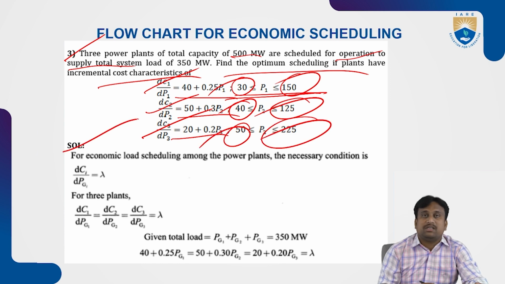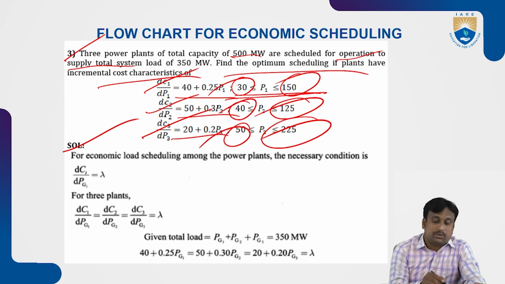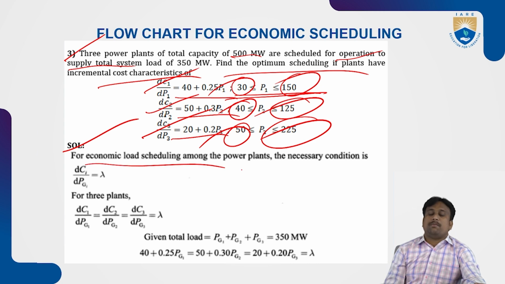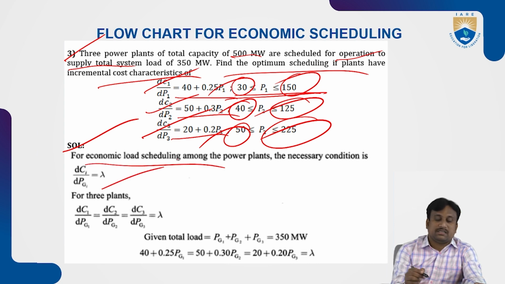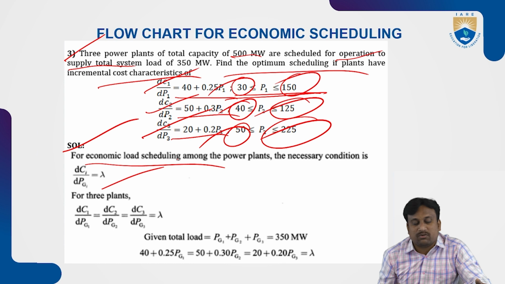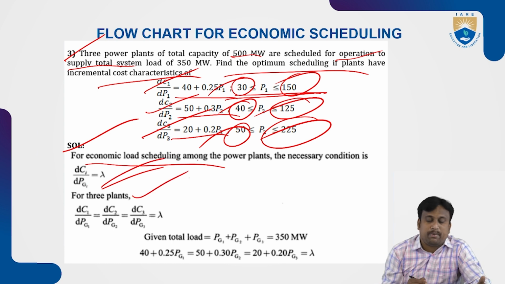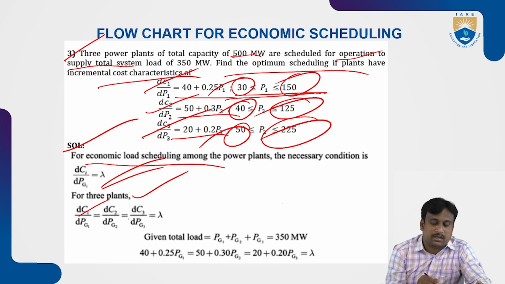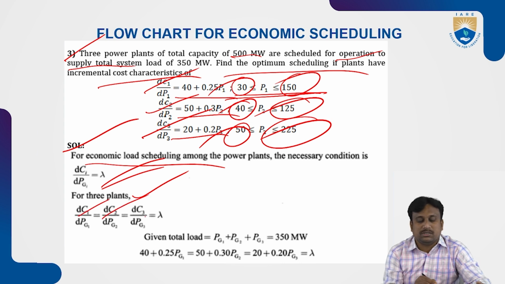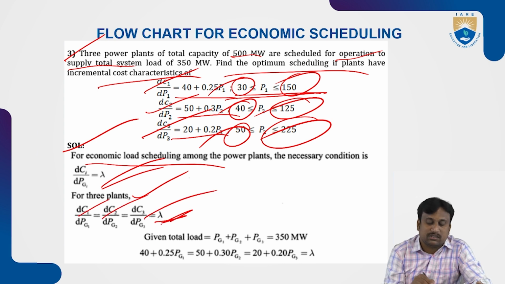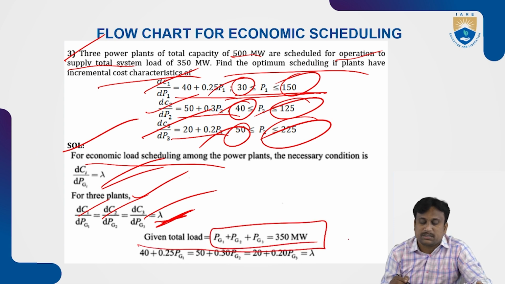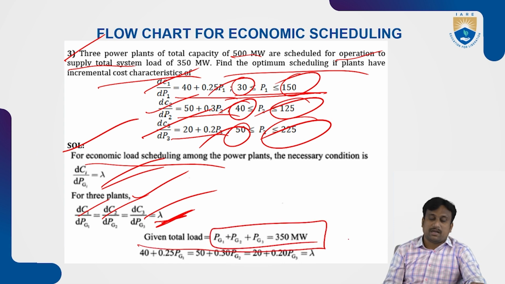So to solve this type of problem, we should treat economic load scheduling among the power plants with the necessary condition, with the Lagrange coefficient dCi by dPgi as lambda. So for the 3 plants, dC1 by dPg1 equals dC2 by dPg2 equals dC3 by dPg3, which is equal to lambda. The given total load is Pg1 plus Pg2 plus Pg3 is 350 megawatts.